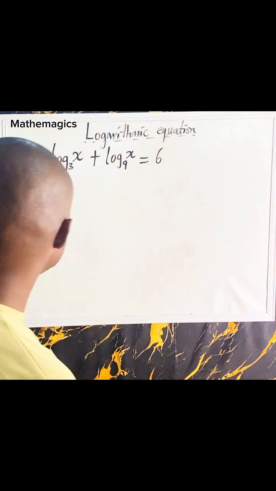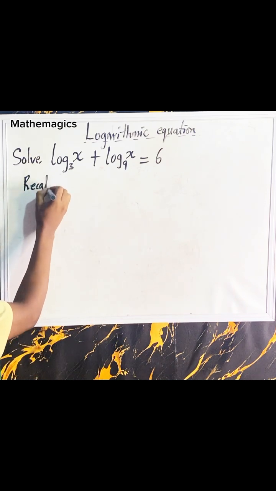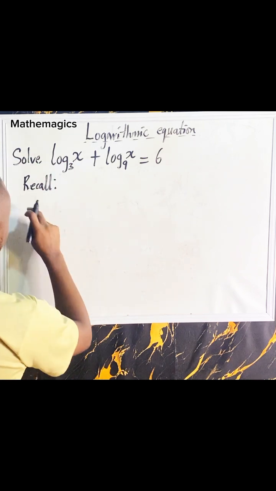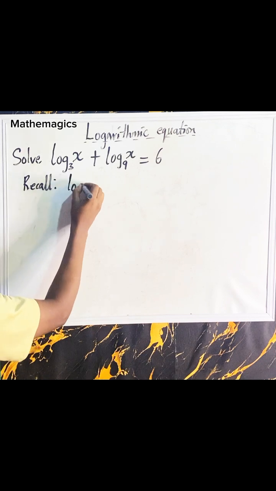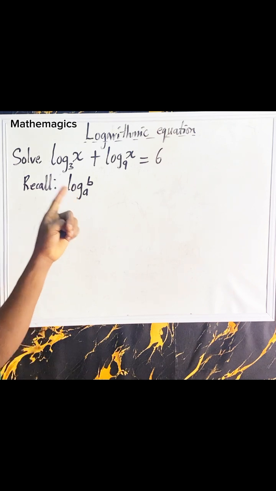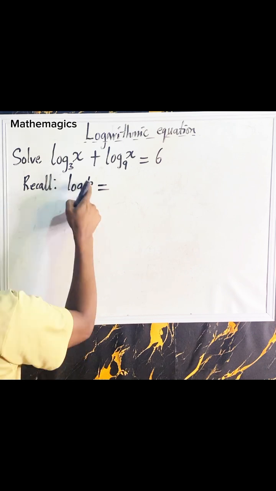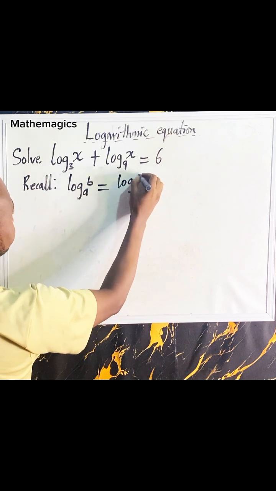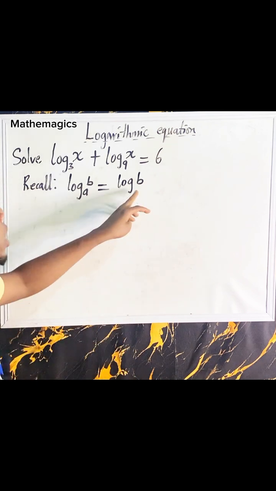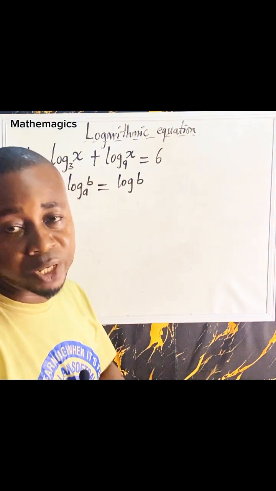So in this case, all I need to do is to recall, when you talk about different base, that log to base a of b, when we apply that law of different bases, can give us log of b, maybe you can use x as the base or use 10. When a base is not indicated, of course, such logarithm is already in base 10.